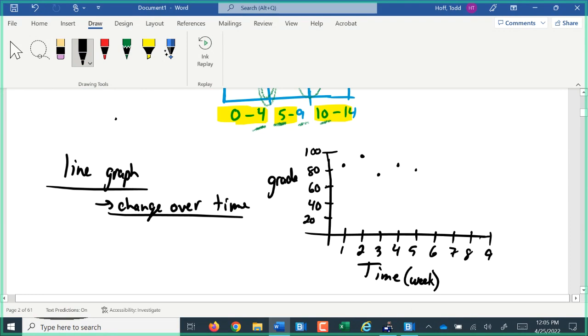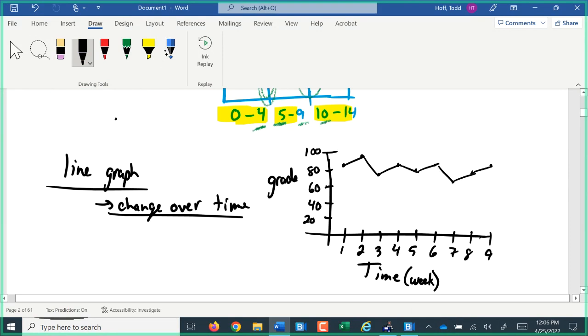Week 5, 87. Week 6, 92. Week 7, say there's another exam. You might have struggled a little bit. Let's call that 76. Week 8, 83. Week 9, let's say you finish strong with a 98%. So we can connect those dots.